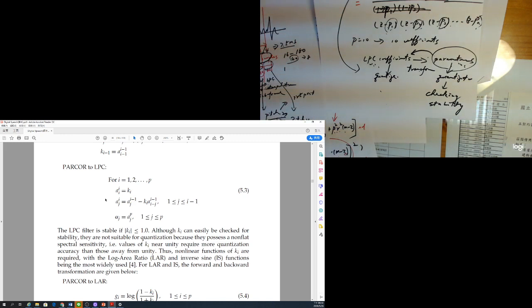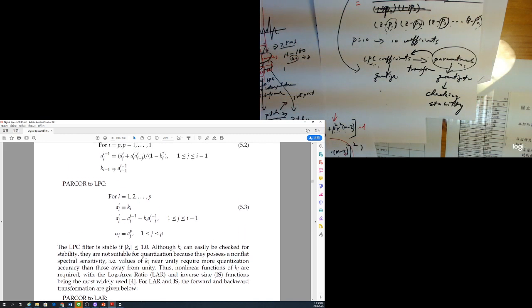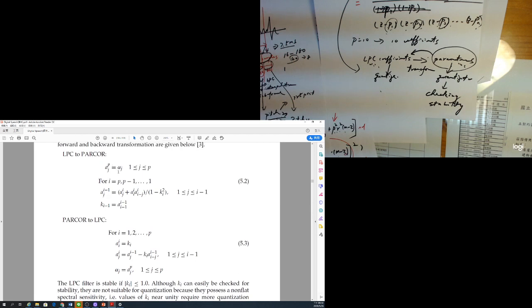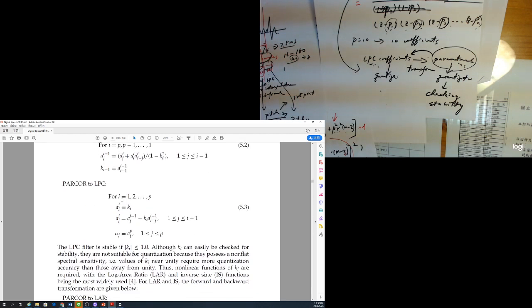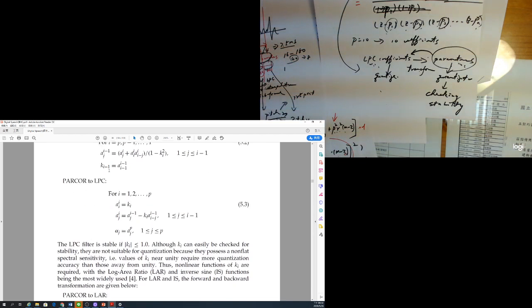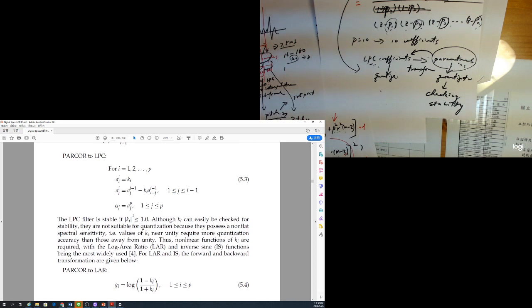So for LPC, they transfer the original alpha i to become the PARCOR coefficient. The PARCOR coefficient is K. You can see K will be smaller than 1.